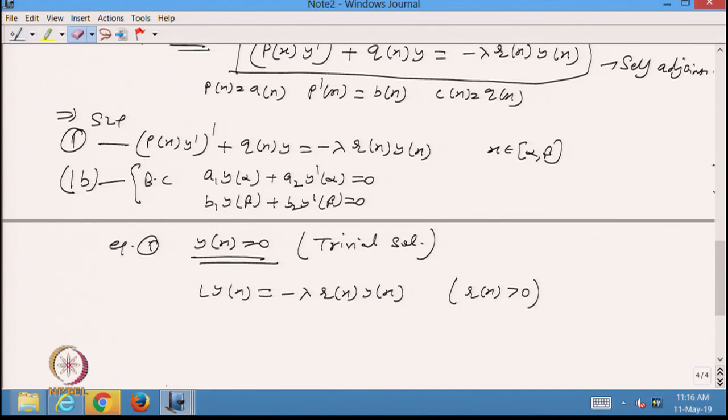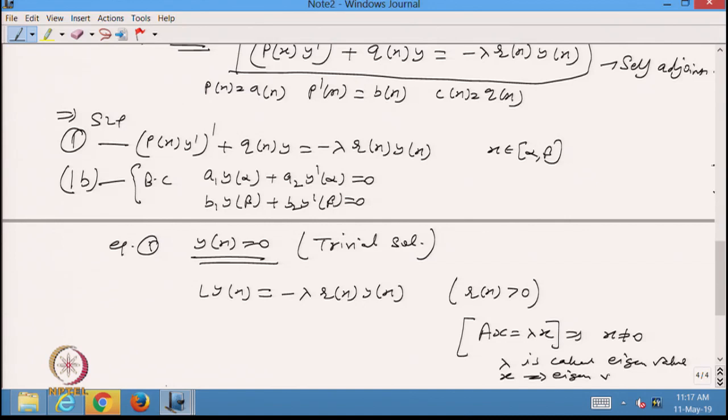So, from here if you just remember the matrices, we know that if I write Ax = lambda x, where A is a square matrix of order n cross n and x is a vector, then if x is not equal to 0, this lambda is called the eigenvalue and x is called the corresponding eigenvector.